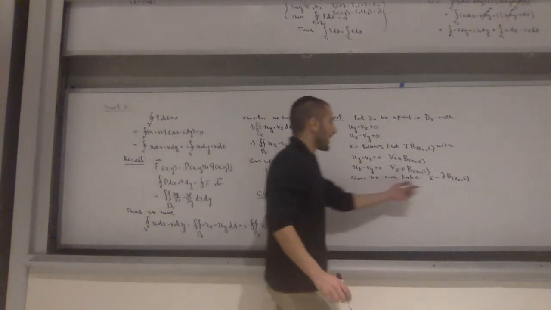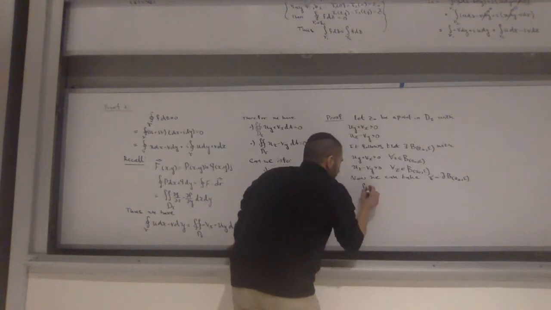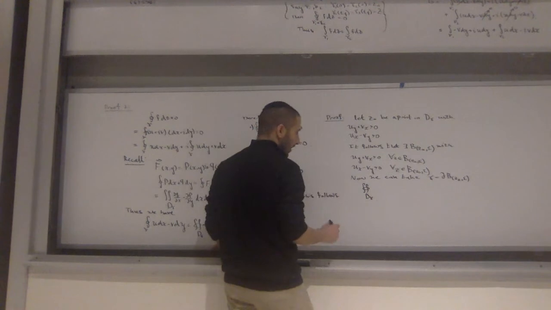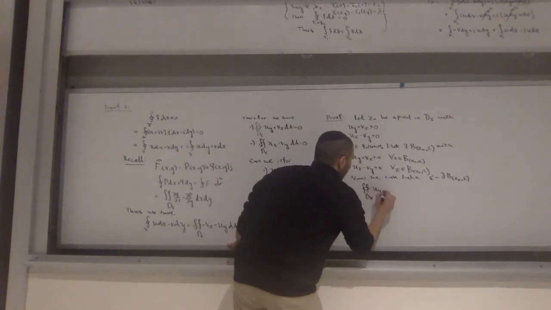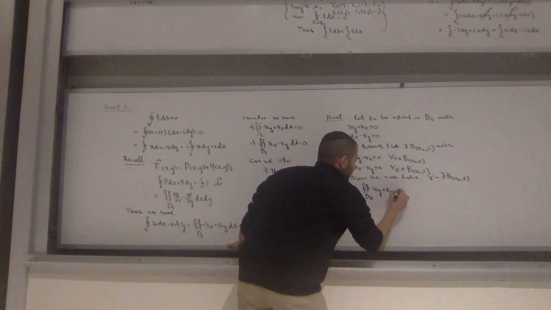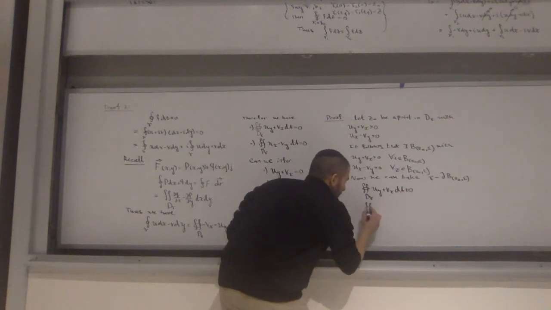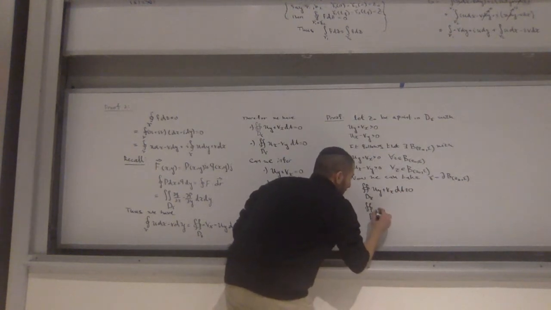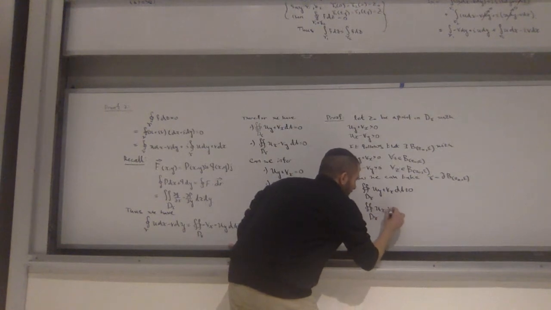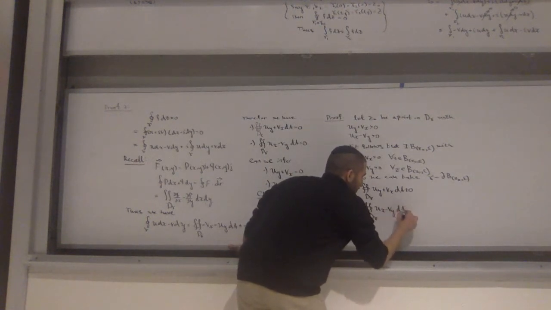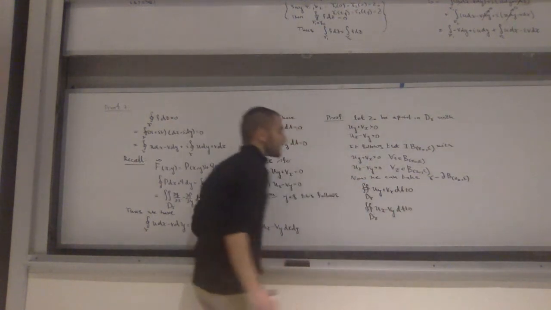But now, if we take gamma to be the boundary of the ball, then clearly the integral around d gamma of uy plus vx dA is non-zero, and the closed integral around d gamma of ux minus vy dA is also non-zero. In fact, it's positive.